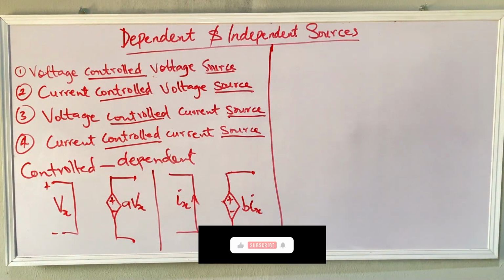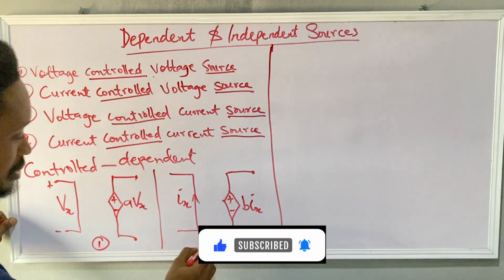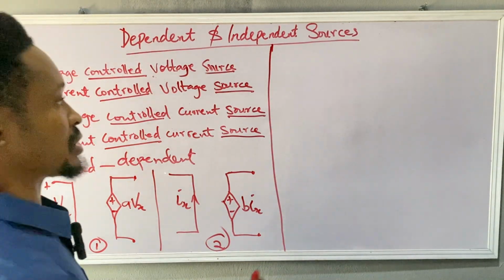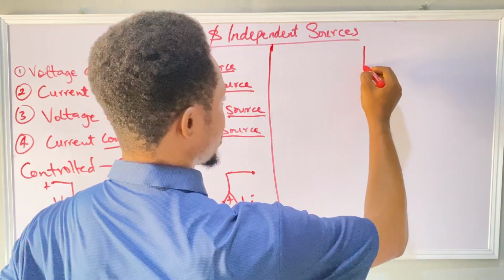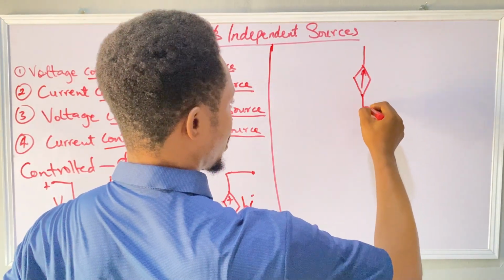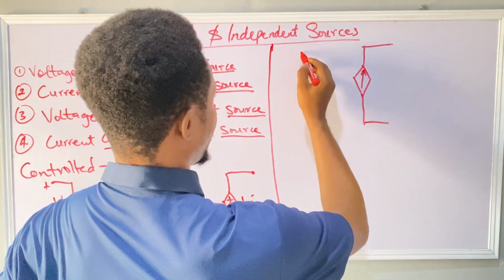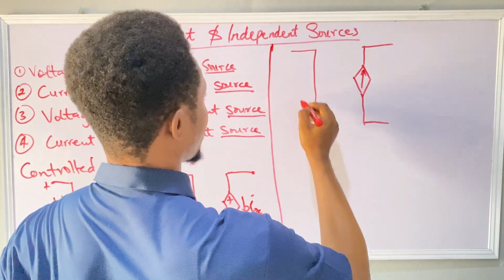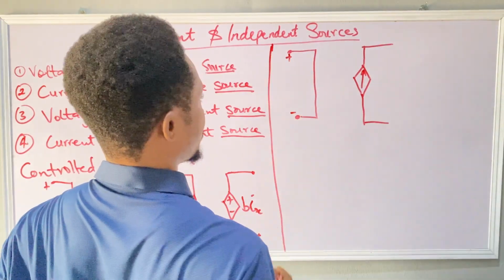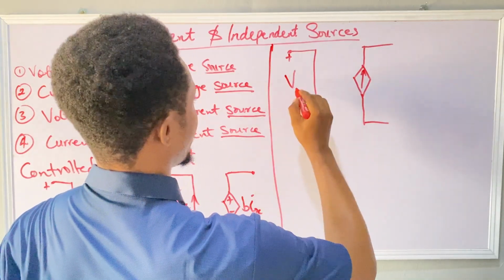This is the first one. This is the second one. So we go to the third one, voltage controlled current source. So if we have a current source somewhere, and then we have a voltage source, positive and then negative. Let's call this Vy.